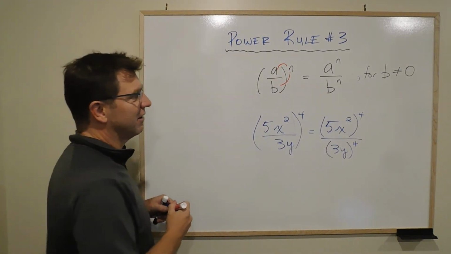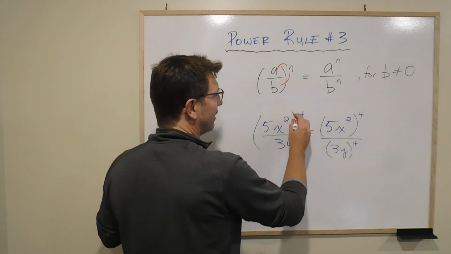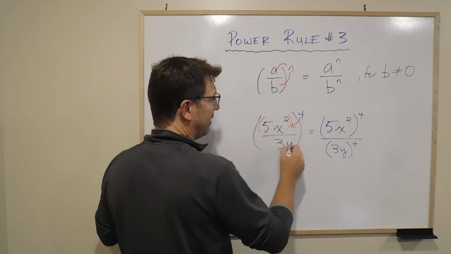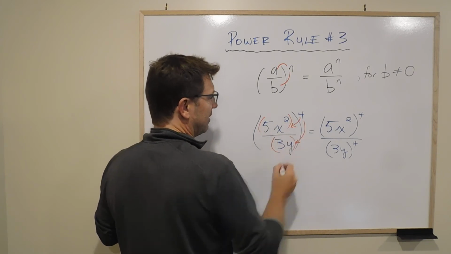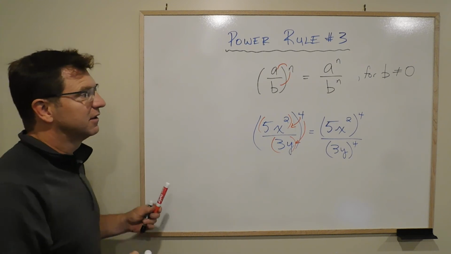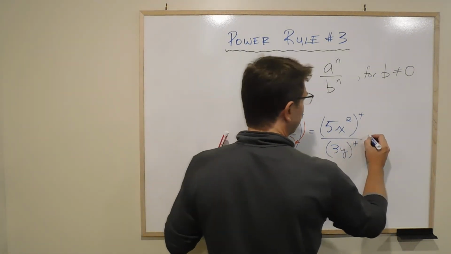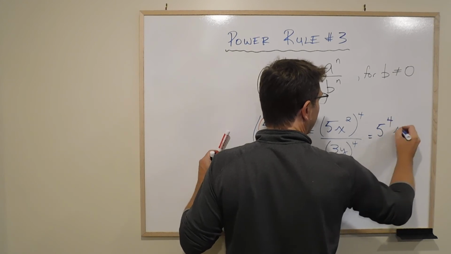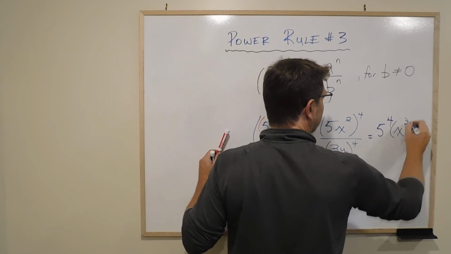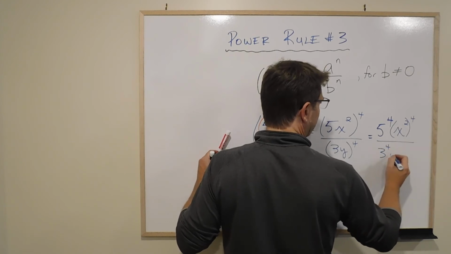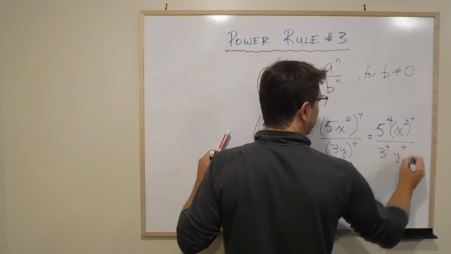Again, it's getting repetitive, but this 4 has to apply to the entire top, the whole thing, and the bottom. So the entire numerator and the entire denominator. So then we have to say this equals 5 to the 4th and x squared to the 4th, over 3 to the 4th and y to the 4th.